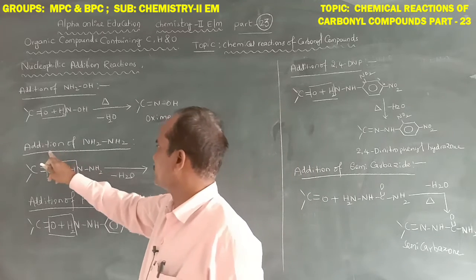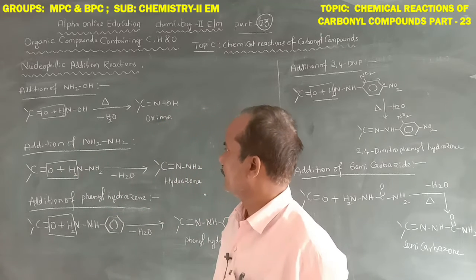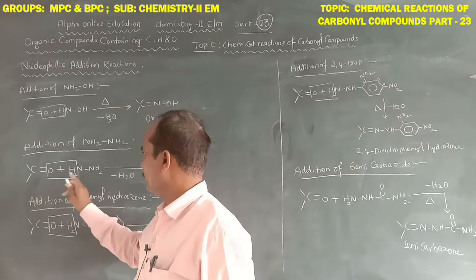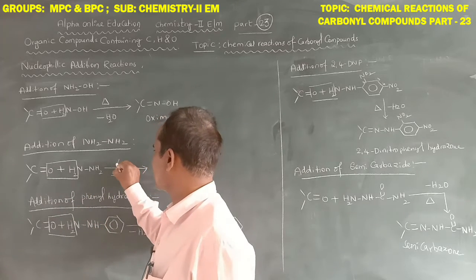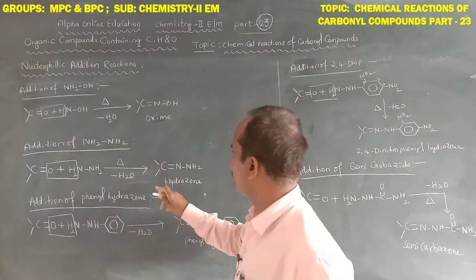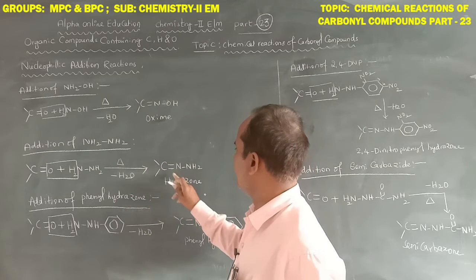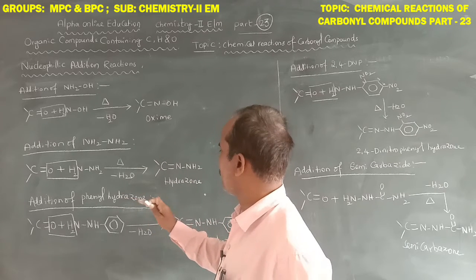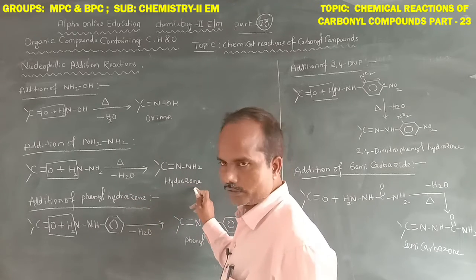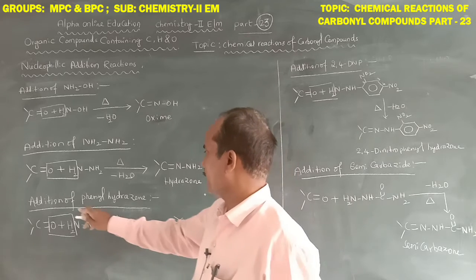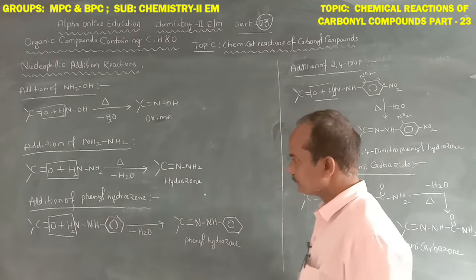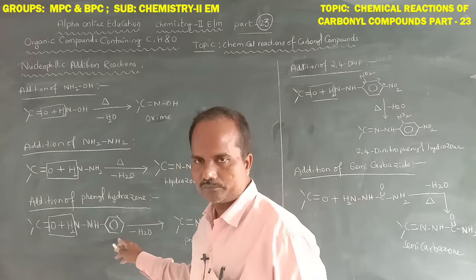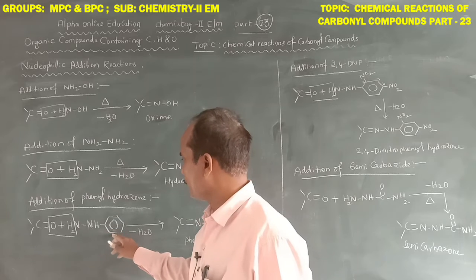Then next one is addition of hydrazine, NH2-NH2. When a carbonyl compound is treated with hydrazine and heated, removal of water molecule takes place and forms hydrazones. Aldehydes and ketones both can form hydrazones. Then next one is addition of phenylhydrazine, which is also another ammonia derivative.